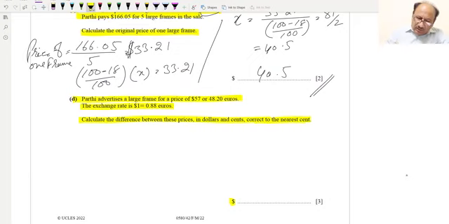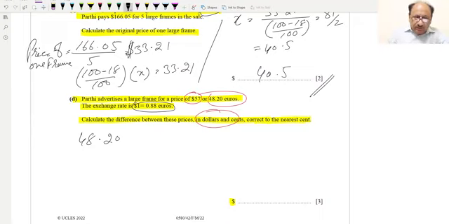So our answer required is in dollars. This is already in dollars, so this euro we need to convert into dollars so that we can compare. So 48.20 euros, and this is the conversion ratio.